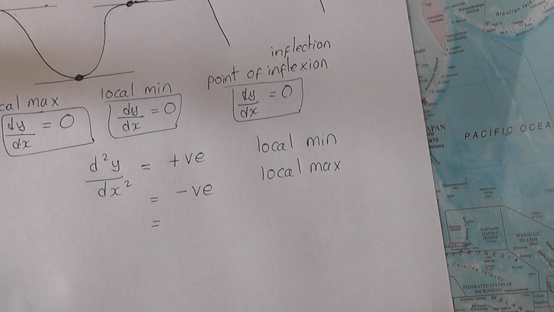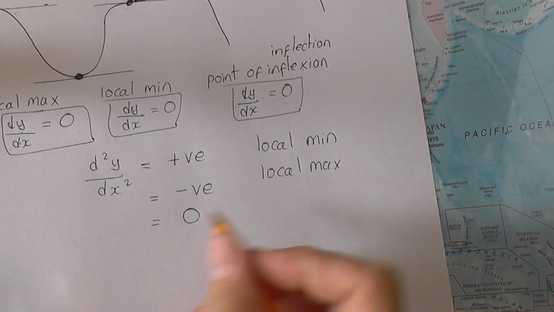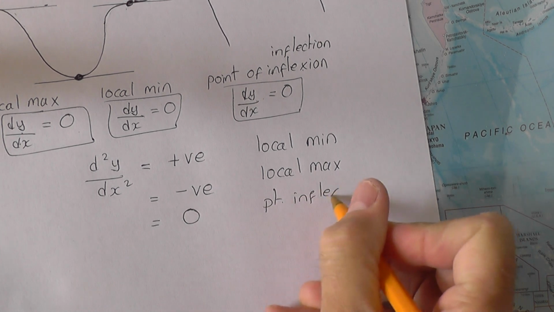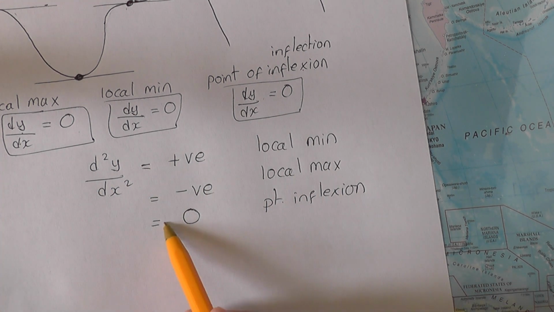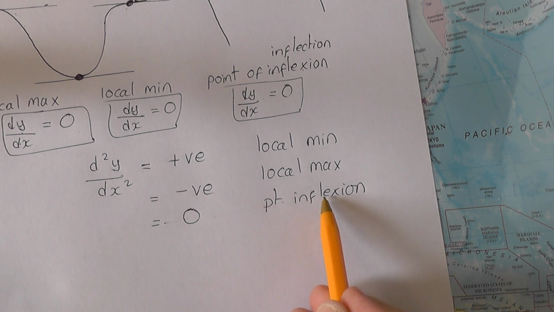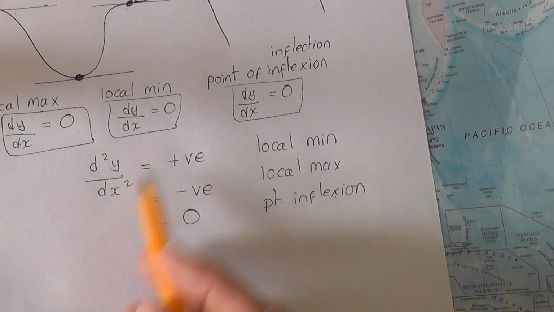And what we saw in year 12 is that if you work out d2y by dx squared and the answer was 0, we said it was going to be a point of inflection. Now, strictly speaking, even though this is what we saw in all the examples in year 12, this last statement is not technically correct, and I will refer to that in a future video when we start the year 13 work on stationary points.